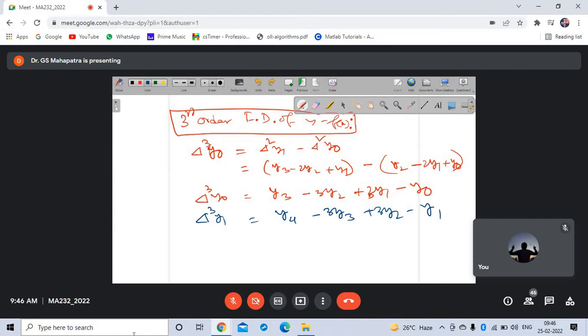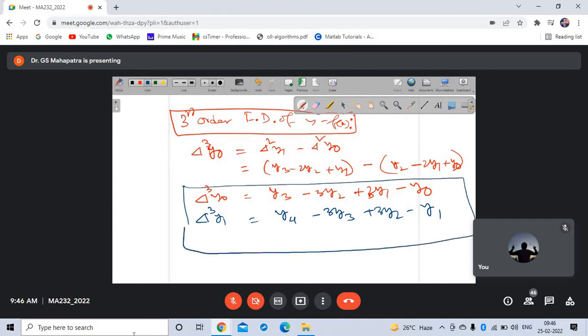You have noticed that for the third order differences, the coefficients are 1, minus 3, 3 and minus 1. That coefficient is the coefficient of a minus b whole power 3. Correct. So this is the forward differences.